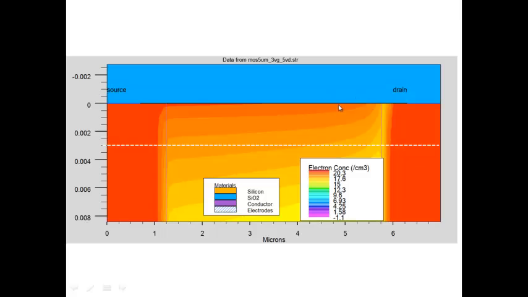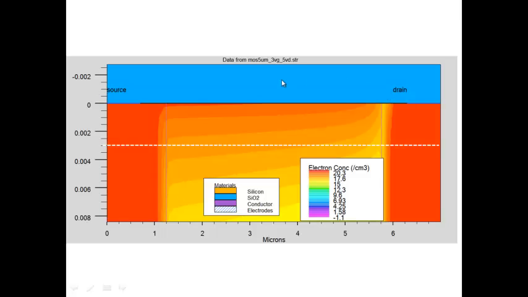Which is okay, because if you have a gate at the top and the oxide thickness for our case is 10 nanometer, and the thickness of the inversion layer may be 1 nanometer or 2 nanometer, it makes a difference, but not that much.